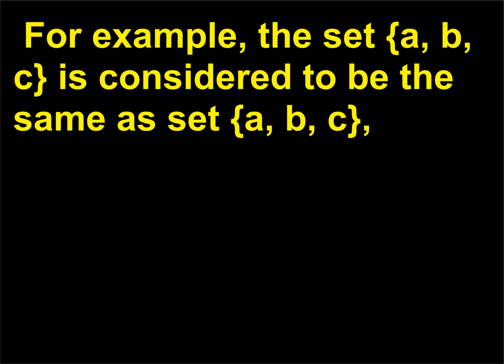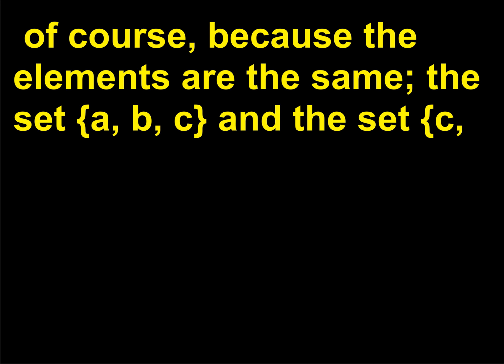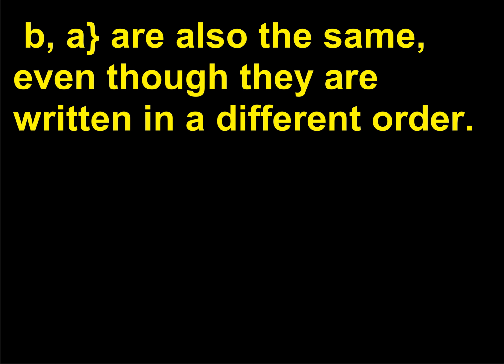This is a principle known as extensionality. For example, the set {A, B, C} is considered to be the same as set {A, B, C}. Of course, because the elements are the same, the set {A, B, C} and the set {C, B, A} are also the same, even though they are written in a different order.